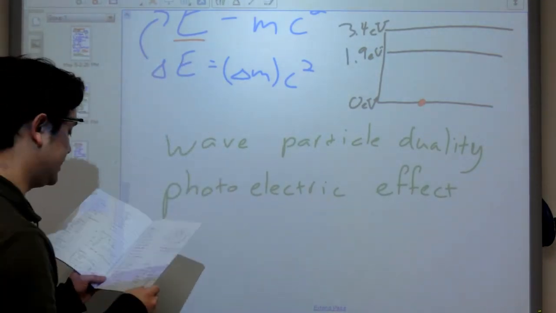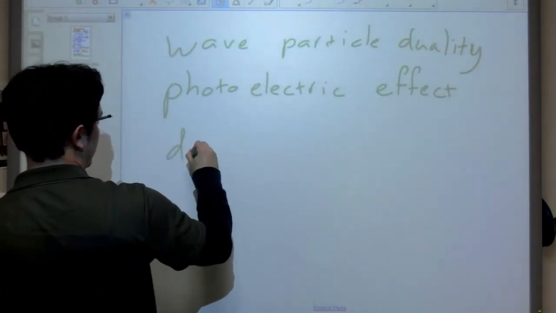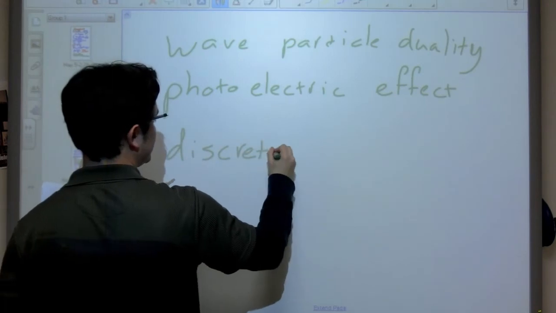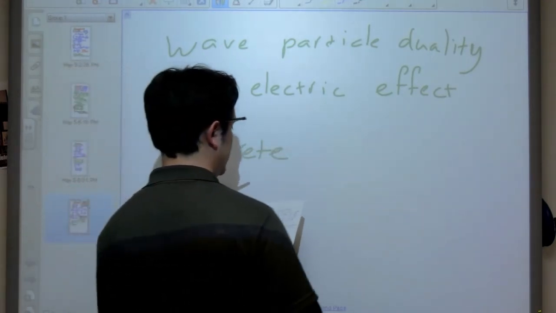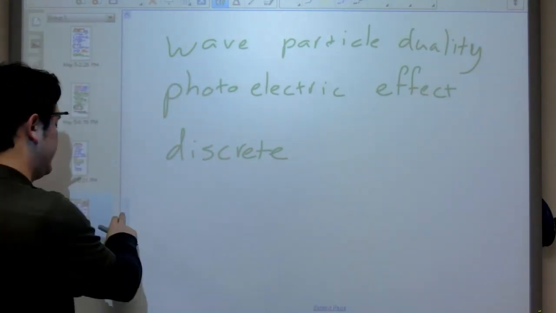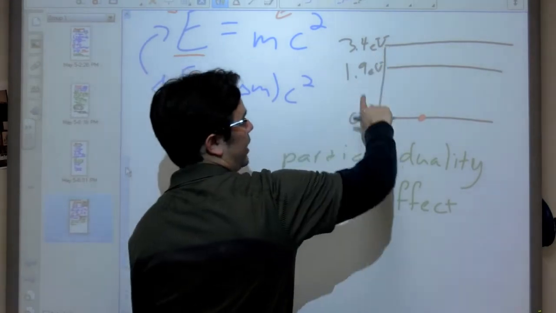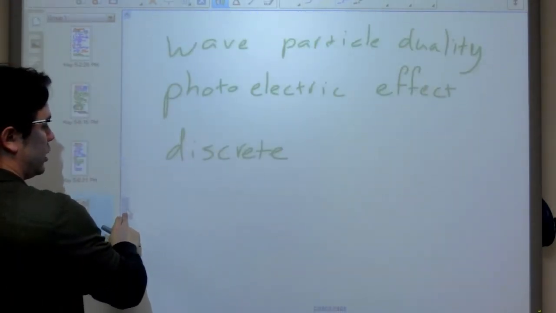Alright, so the next thing which ties directly into this is discrete spectra. We talked a lot about this. This is when you burn an element or you look at an element being energized. Each of them have their own very specific colors. And all of it is explained by these same energy levels that we were talking about just a moment ago. That's why those are so common.